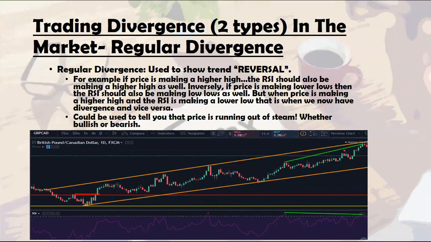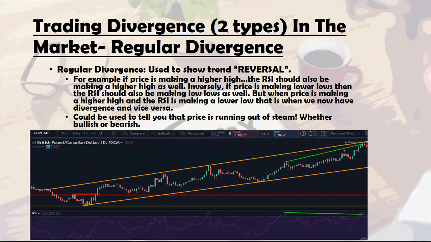Regular divergence is used, for example on an uptrend, to see if we have a reversal, and hidden divergence to see if we have continuation in price.